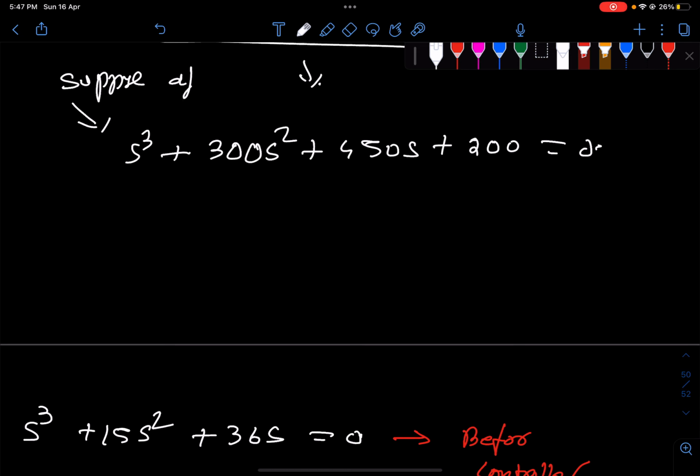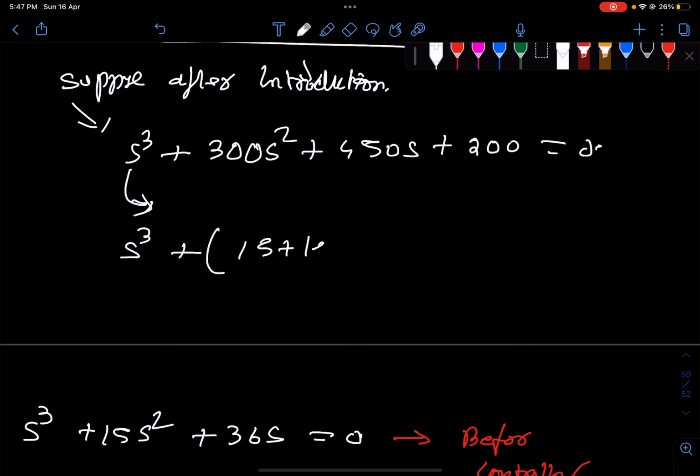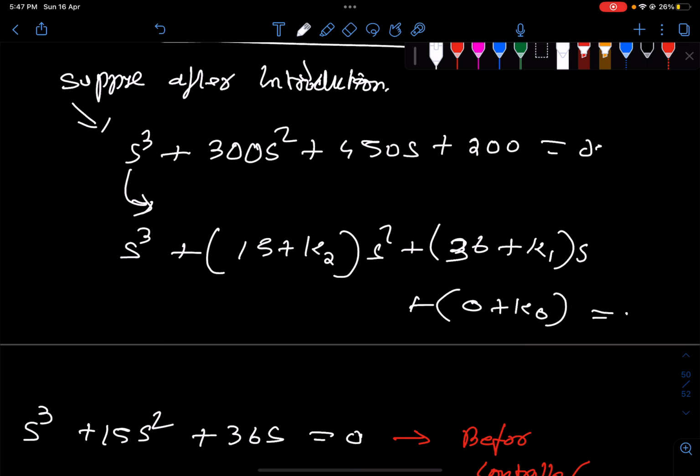Okay, I just assume that. Now I told you that after introduction, your new equation will look like s cube plus (15 plus k2) s square plus (36 plus k1) s plus 0 plus k0 equal to 0, right?